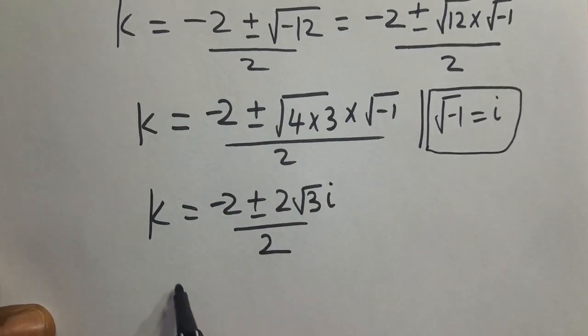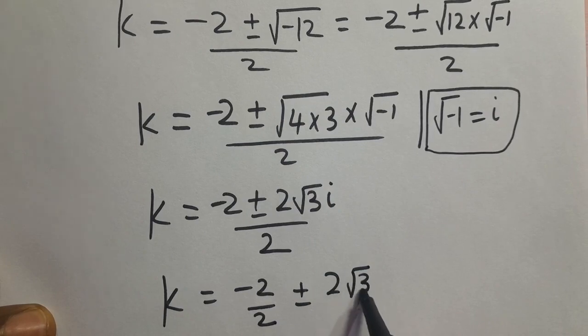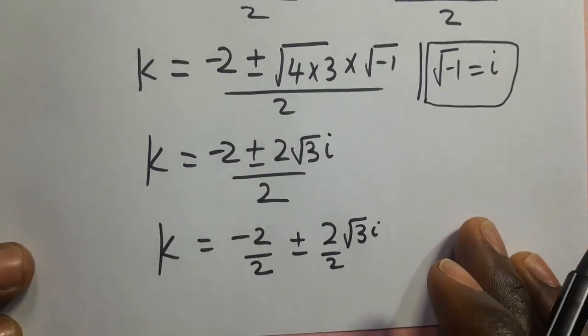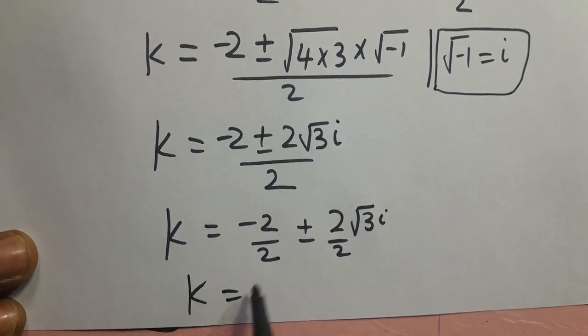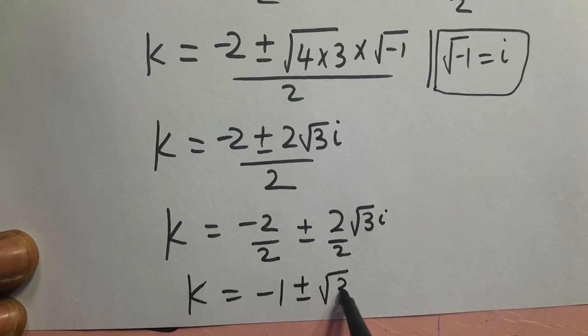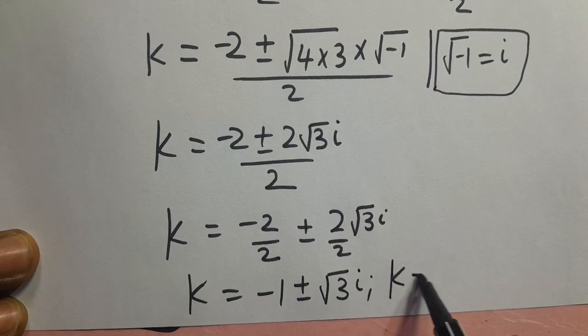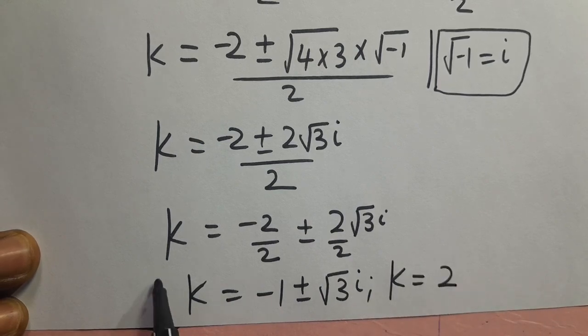Dividing 2 by 2, k equals minus 2 divided by 2, positive or negative 2 multiplied by root 3i divided by 2, so k will be minus 1, positive or negative root 3i, where we also have another k equals 2.